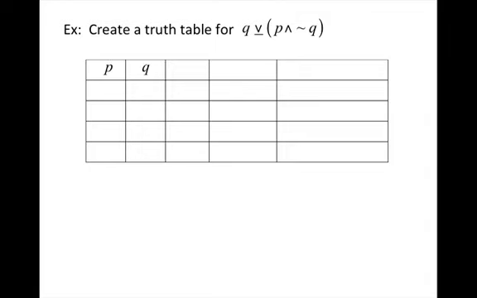Always begin with your P and your Q. I notice that in the parenthesis I have a not Q, so I'm going to need a column for not Q. The parenthesis is P and not Q, so I need a column for P and not Q. And then I can do my overall connective, Q or P and not Q, and that's an exclusive OR.